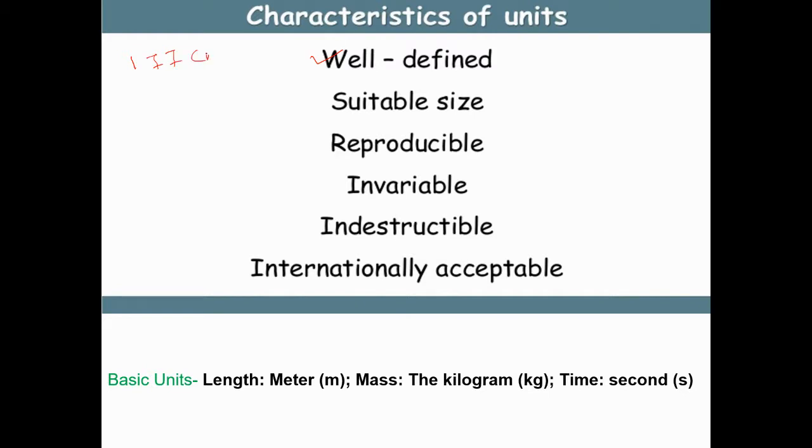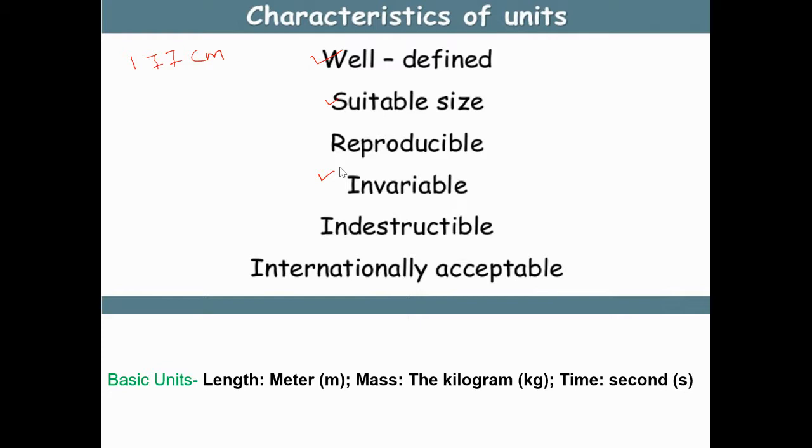That means it is a perfectly defined number along with its unit, and also it's a suitable size. Suitable size means it will not vary, because the suitable size and the variable are exactly related to each other. And it is reproducible. What is the meaning of reproducible? You can convert this 177 centimeter to meter, and also meter to kilometer. So it is a reproducible unit.